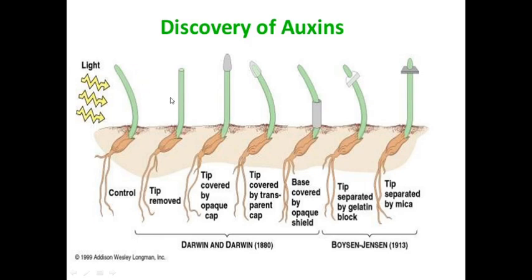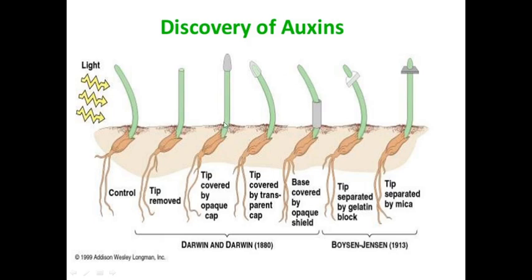How did he conclude this? He performed different experiments. He cut the tip of the plant. He covered the tip with opaque material. When he cut the tip, he did not see any bending. When he covered the tip, he did not see any bending. When he covered the tip with a transparent cap, it showed bending. And when he covered the base, it showed bending.